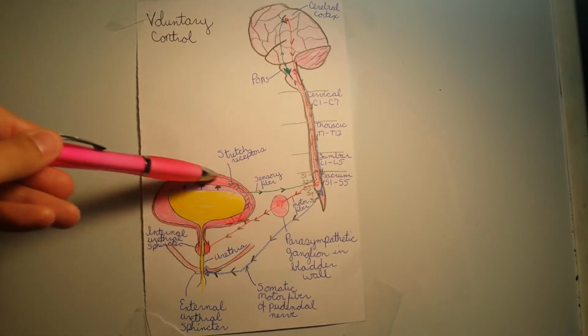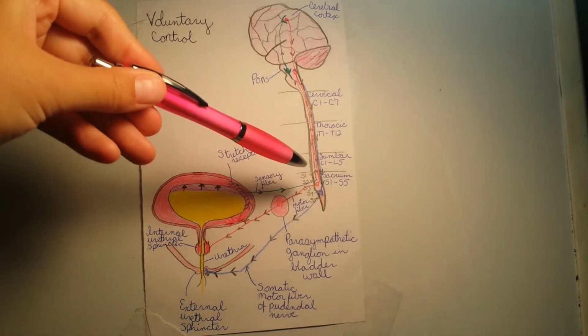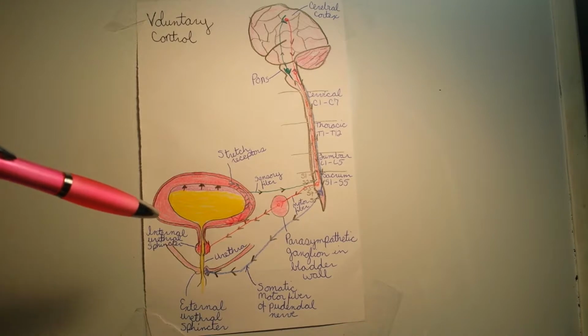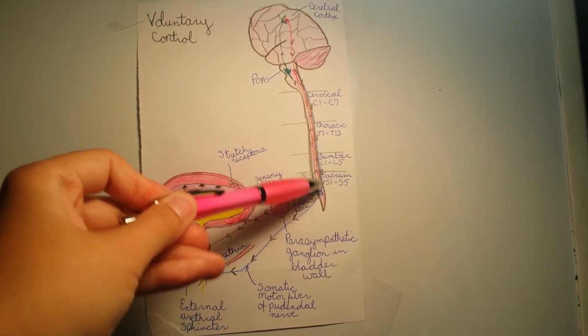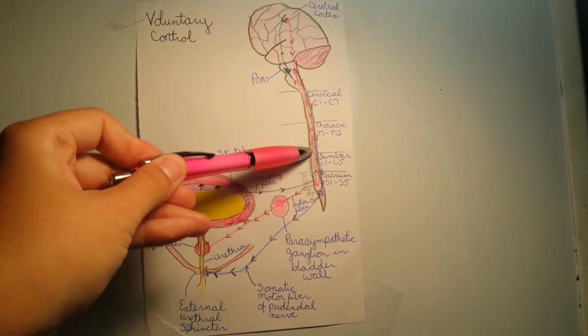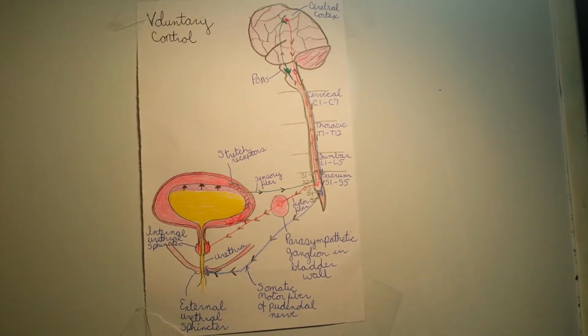It will excite the stretch receptors in the bladder wall, and that will cause sensory fibers in the pelvic nerve to send signals to the sacrum, which will go through the sacrum and all the way up to the pons, where it receives that signal in a micturition center.